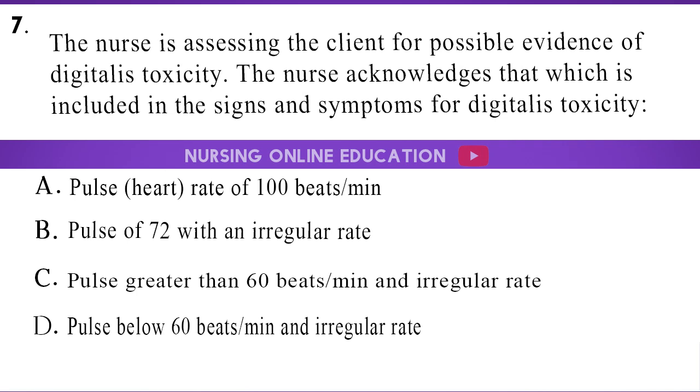D. Pulse below 60 beats/min and irregular rate. The answer is option D, pulse below 60 beats/min and irregular rate.